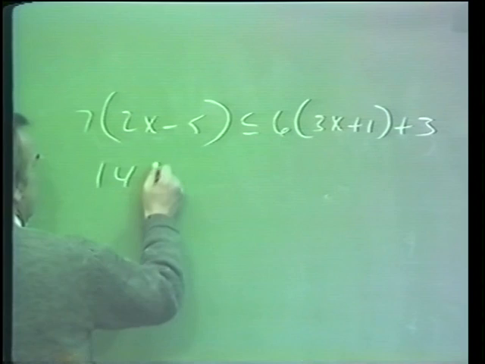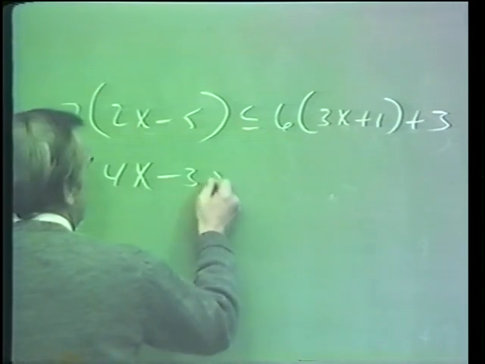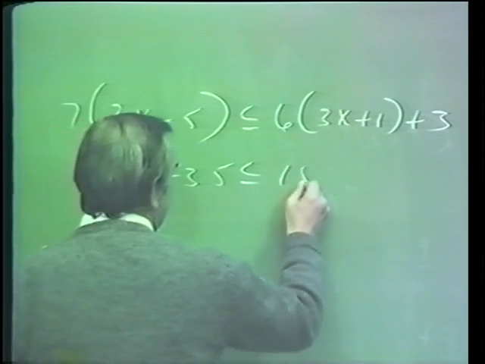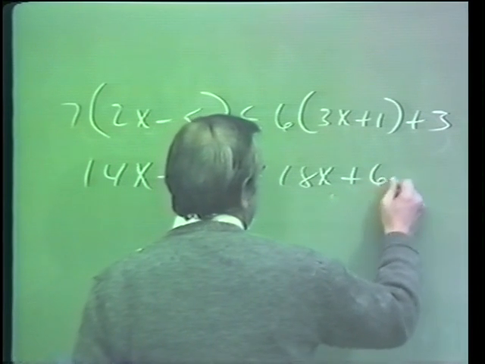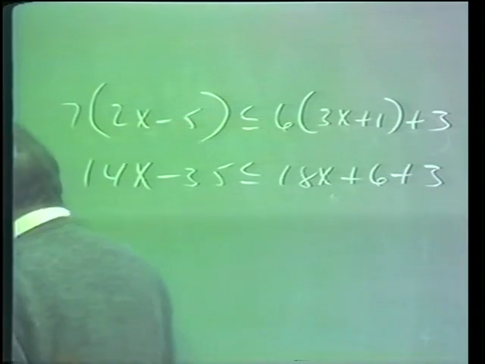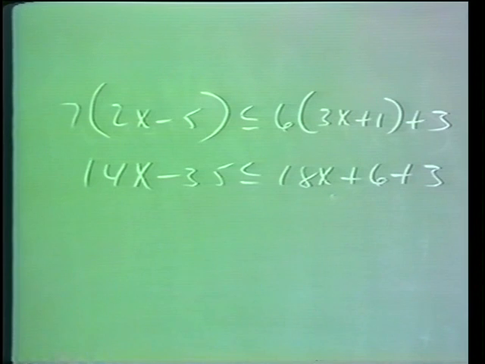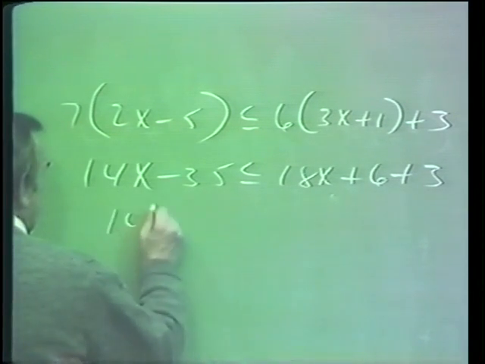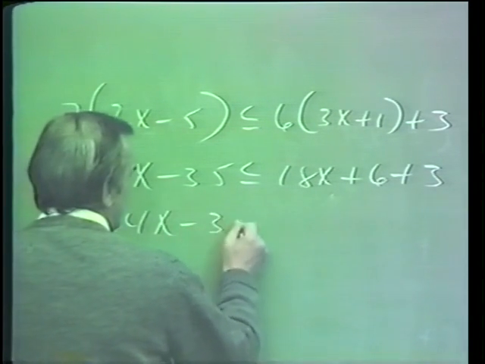Well, we have those. 14x minus 35 is less than or equal to 18x plus 6 plus 3. We have cleared parentheses. Step 3 says combine like terms. Well, over there on the right I can combine something.